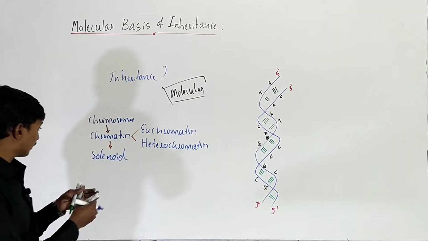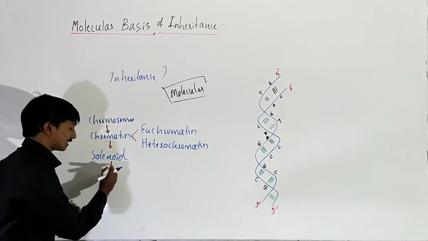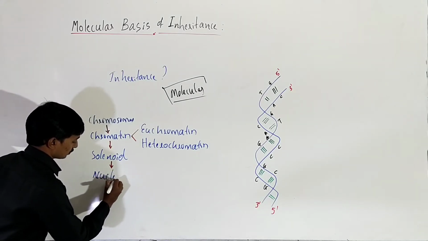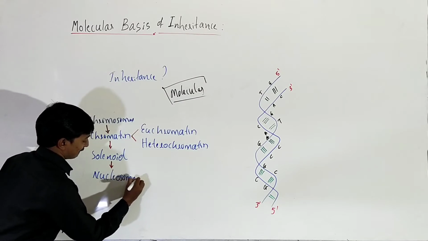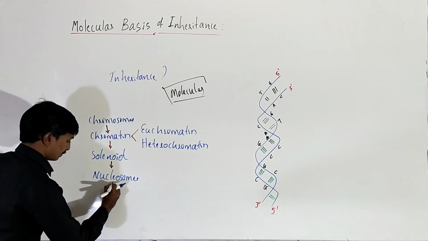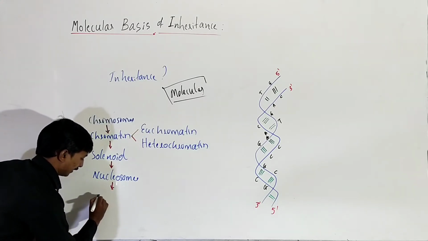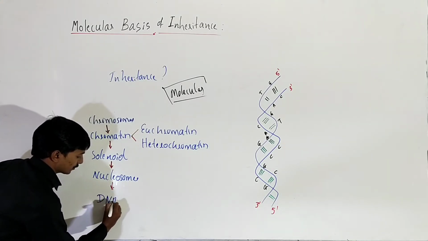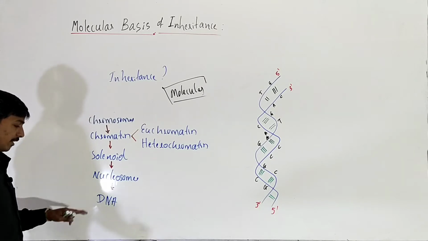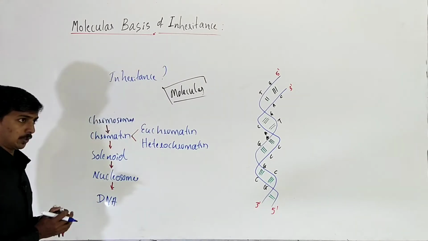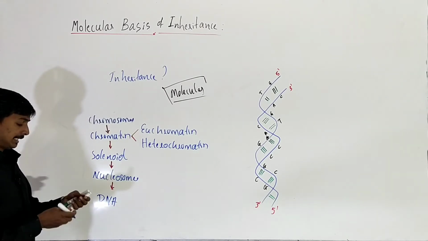Each solenoid contains 6 beaded structures known as nucleosomes. And lastly, each nucleosome is made of a core of histone proteins wrapped around by the DNA.